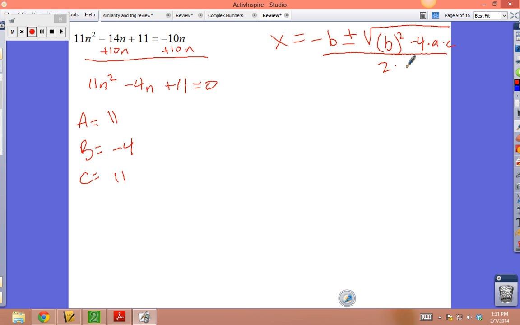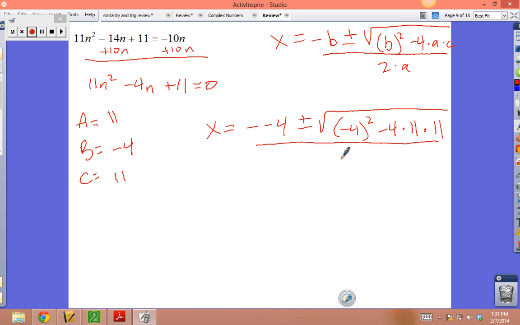So you should have x equals negative 4 plus or minus the square root of b. If it's not in parentheses, you're going to miss it. Negative 4 squared minus 4 times a times c, all over 2 times a.